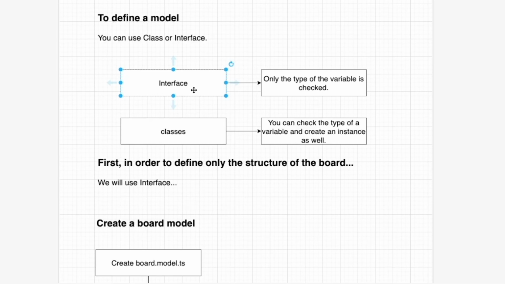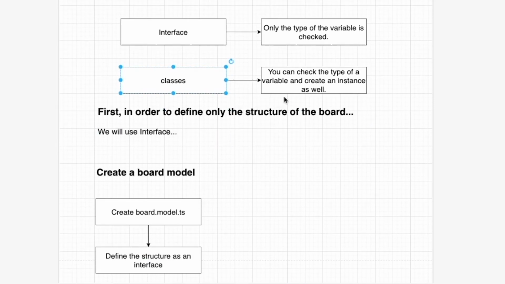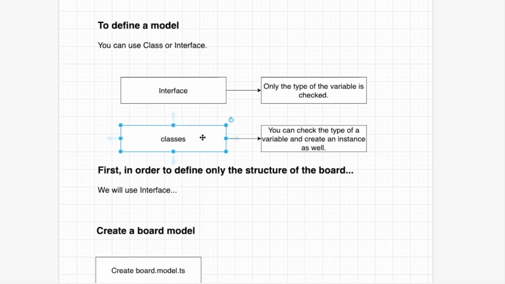But if we use a class, we can check the type of the variable and we can also create an instance. But we just need to check the type, with no need to create an instance. So that's why we are just going to use an interface for the model.